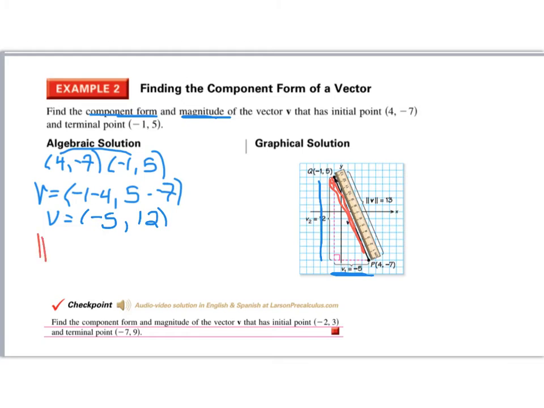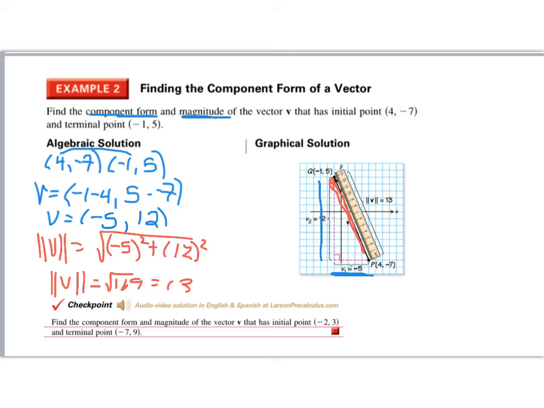Our magnitude is the square root of a squared, which is -5 squared, plus b squared, which is 12 squared. So we end up with our magnitude, or our distance, equaling the square root of 169, which equals 13.